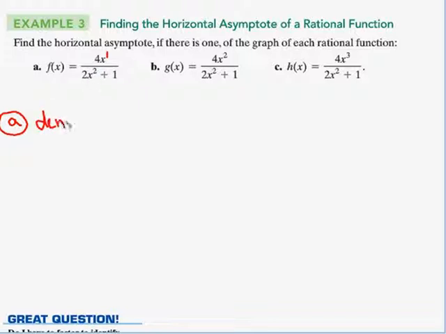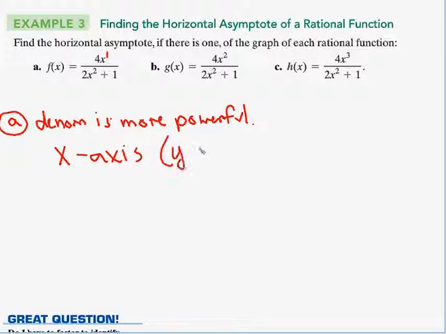Denominator is more powerful, and I'm just talking about the exponent, the power of x. So the x-axis is an asymptote, or you could think y equals 0. That is your asymptote. Denominator is more powerful. You're just going to head for your x-axis.